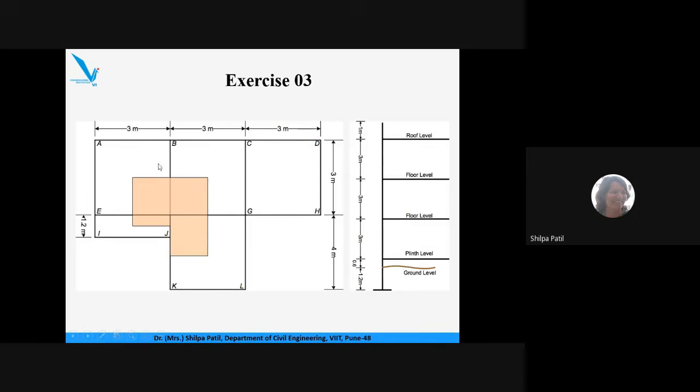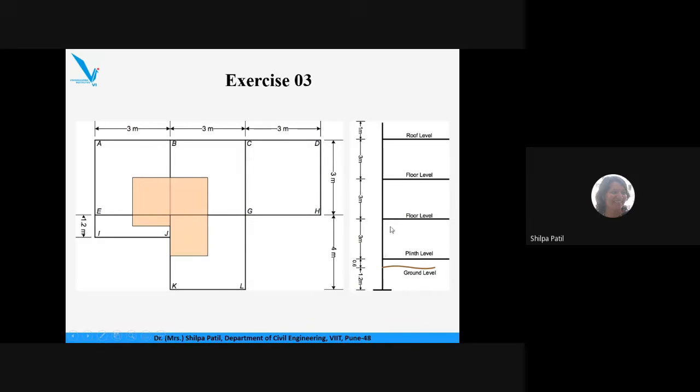Now just go through this diagram and this diagram. This is the elevation, rather section, given beside the plan. It is actually a G+2 structure, and we are supposed to design the ground floor column. So this is my ground floor, and I'm designing this particular column. This is the first floor, second floor, and this is the terrace.